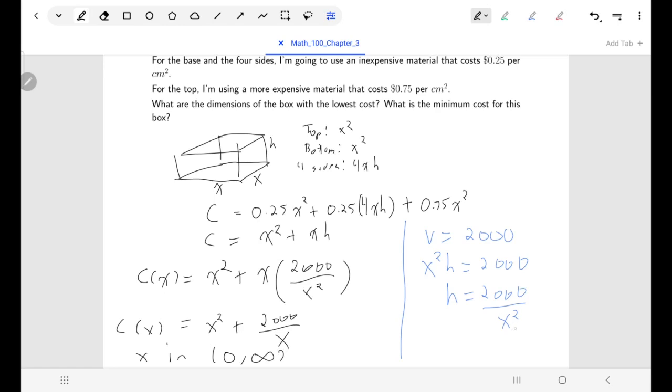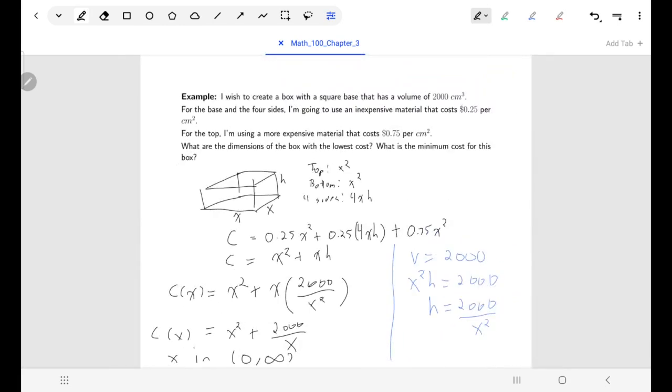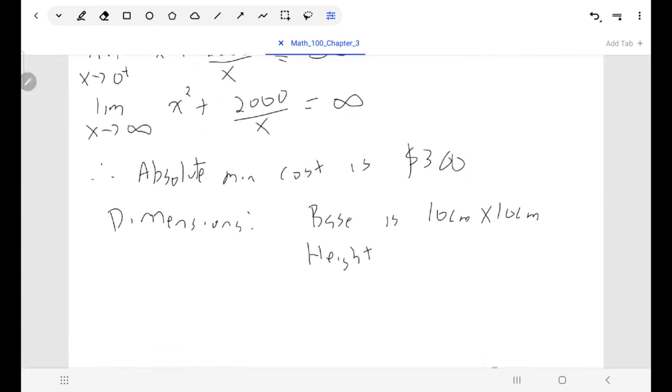We know what x is, 10. So for the height of our box, it should be 2,000 divided by 10 squared, which is 20. So now we can go ahead and say the height of our box is 20 centimeters.